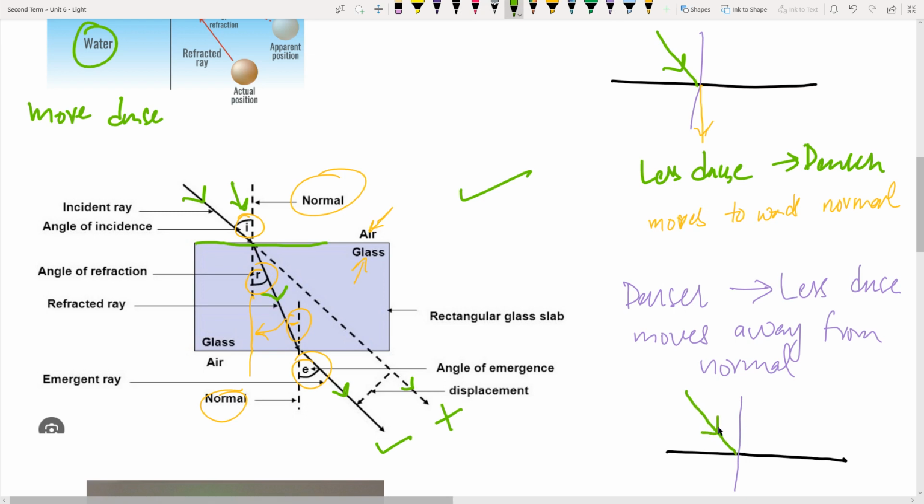Just draw this normal, this purple one, and you have to make it move away this time from the normal, so it will become sharper, right? Like this, away from the normal, right? In this case, it was moving towards the normal, towards the purple line. It came towards the purple line, it went away from the purple line, from dense to less dense, right? And from less dense to a more dense medium, right?